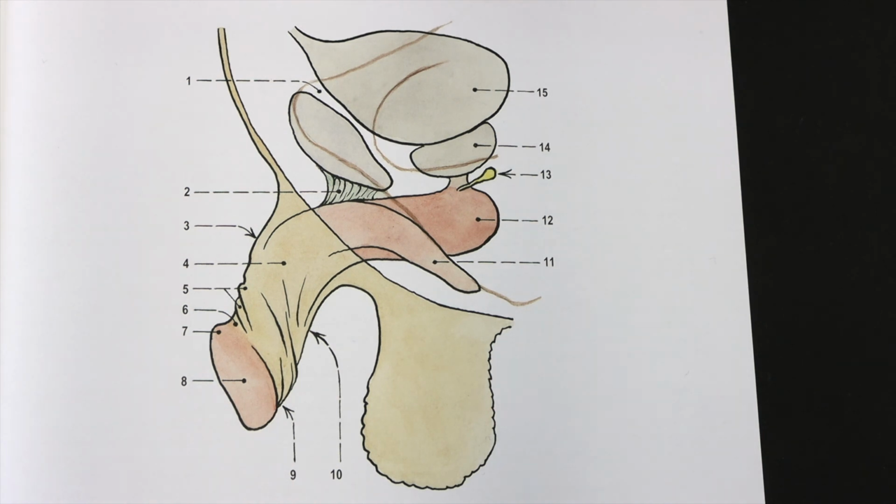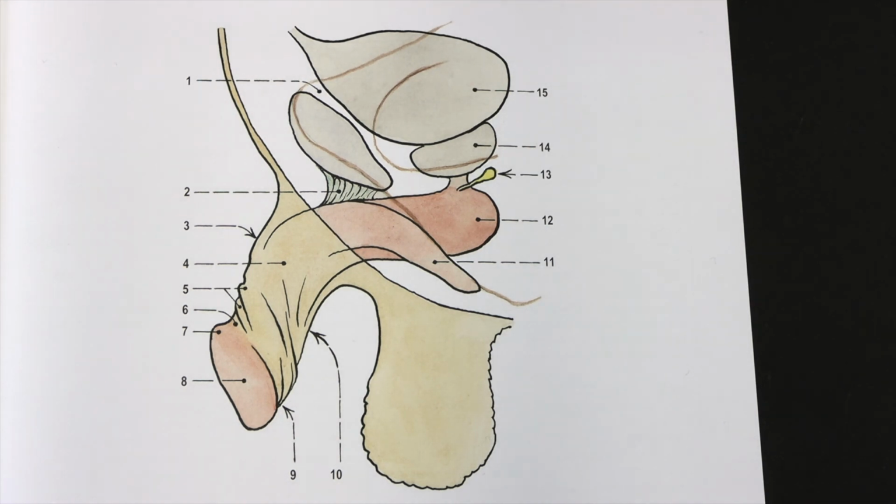Then, of course, this preputium has in this area the frenulum, a small fold of skin located on the lower part of the glans penis.